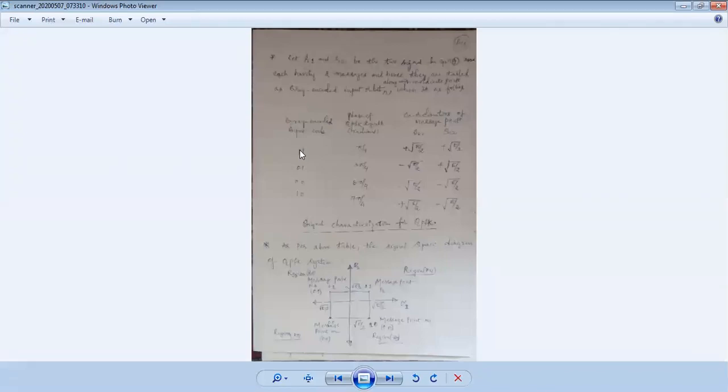Each signal will have two possibilities, so 2 plus 2 is equal to 4. That means for one symbol there is a possibility of Gray coding, with absolutely four phases: pi by 4, 3 pi by 4, 5 pi by 4, with plus E by 2 and minus E by 2, with this consideration.